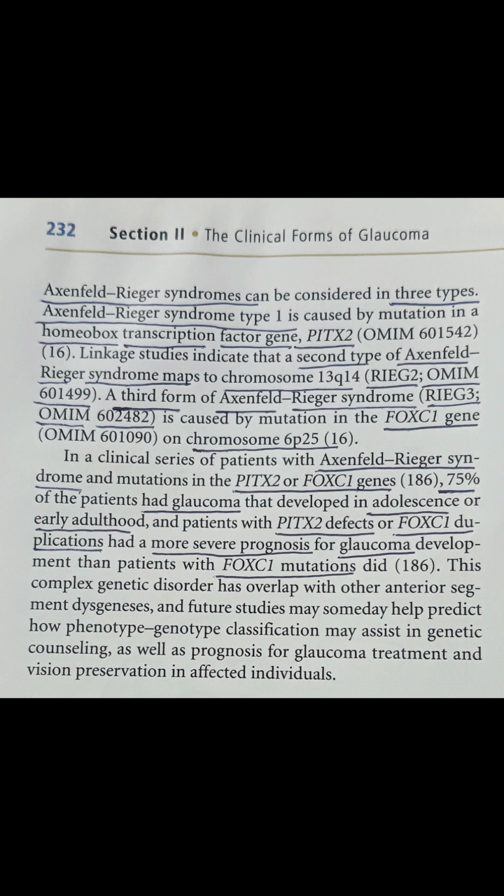This complex genetic disorder has overlap with other anterior segment dysgenesis, and future studies may someday help predict how phenotype-genotype classification may assist in genetic counseling as well as prognosis for glaucoma treatment and vision preservation in affected individuals.